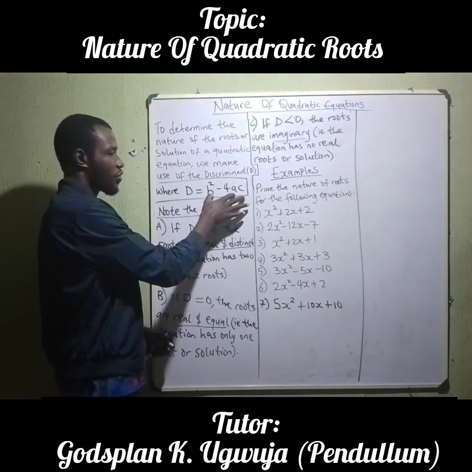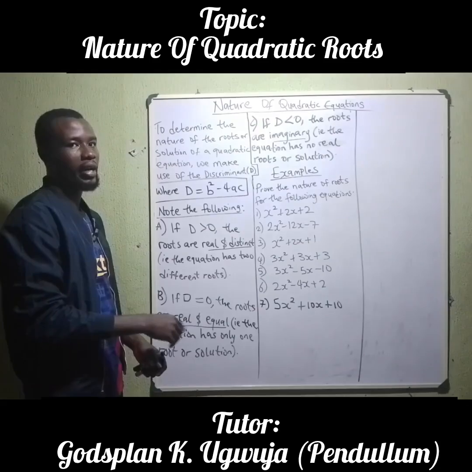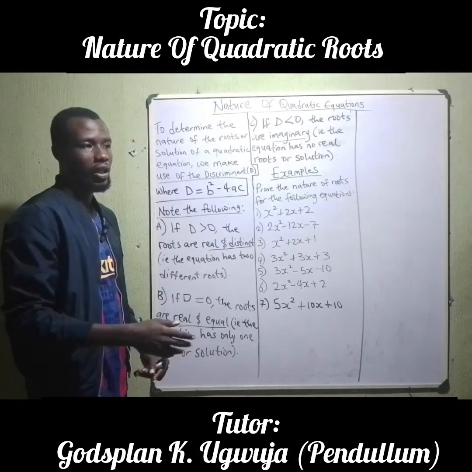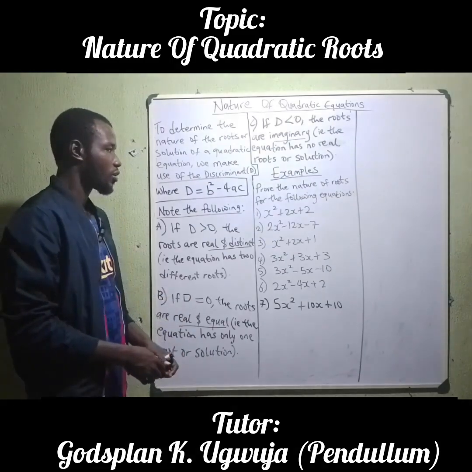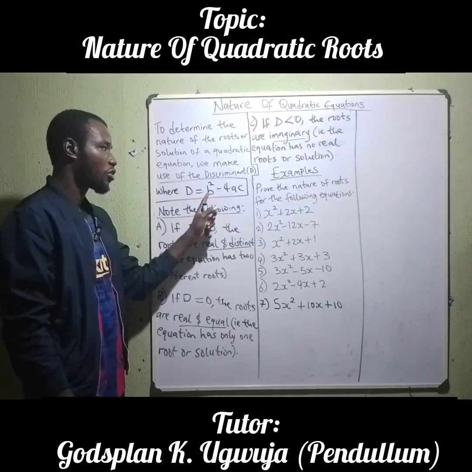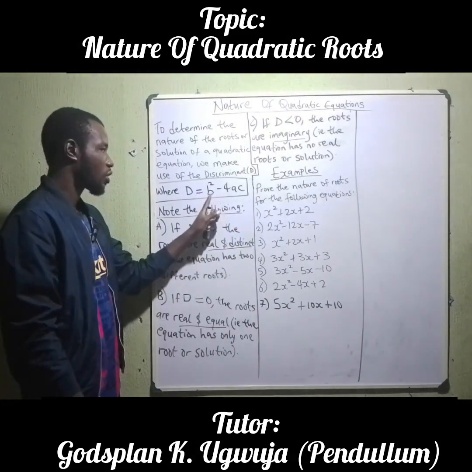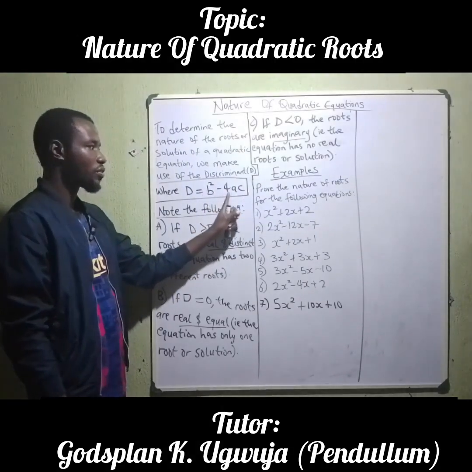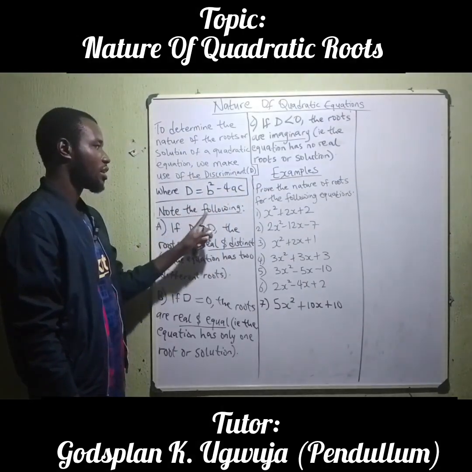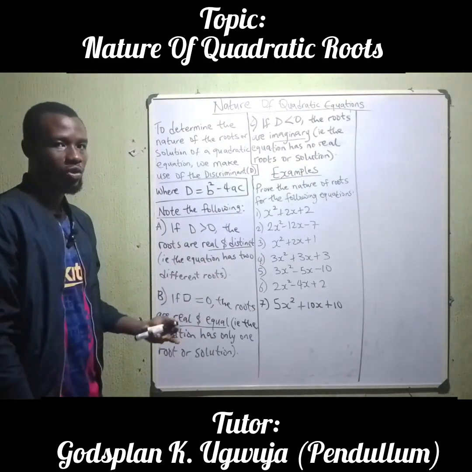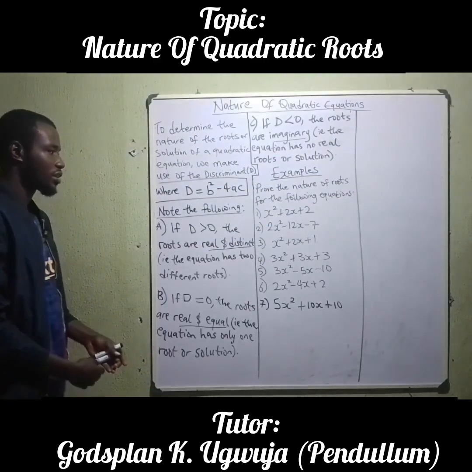This b squared minus 4ac is the term under the square root in the quadratic formula. So if it looks familiar to you because you've seen it before, it's from the quadratic formula. We call this part b squared minus 4ac the discriminant, and you can use this to determine the nature or the type of roots or solution a quadratic equation has.